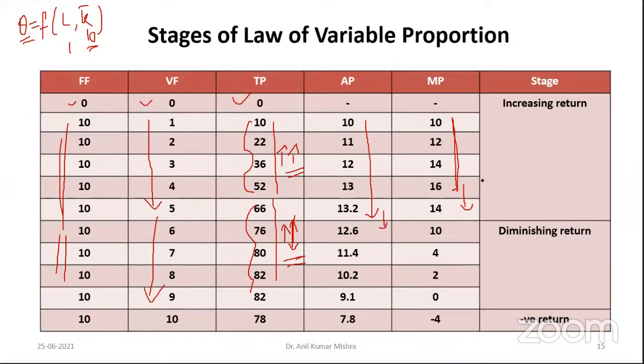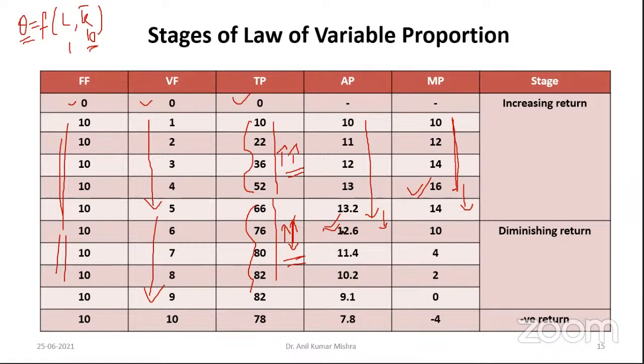So which reduces first? First the marginal product, thereafter the average product, and that is the definition given to us. When the variable factors are increased along with the fixed factor, first the marginal product and thereafter the average product decrease. Okay, so we cleared the definitions with the help of the table.